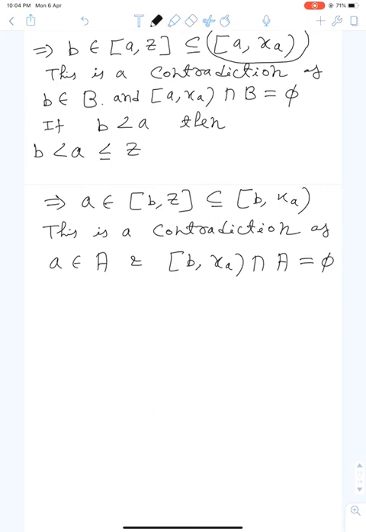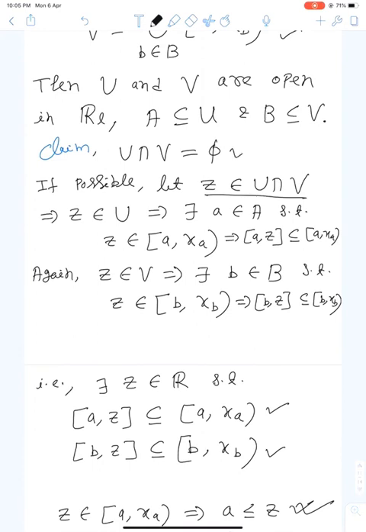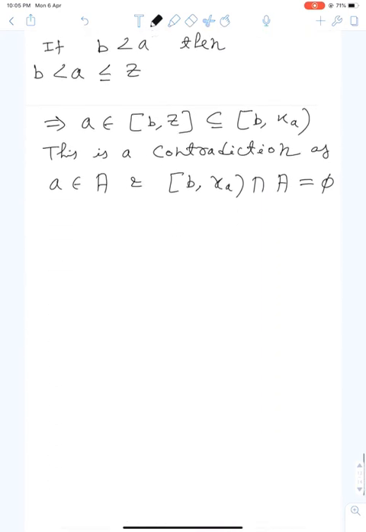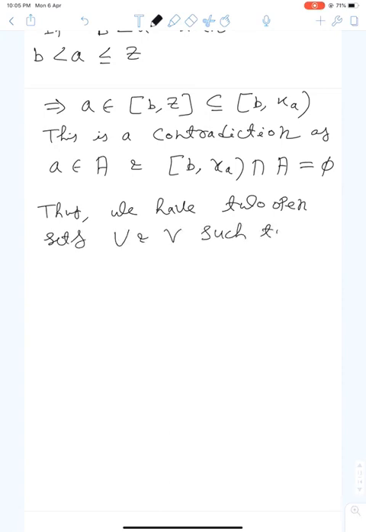Okay, so we get that this is non-empty. So thus we have two open sets U and V such that A is a subset of U, B is a subset of V and U intersection V is empty.